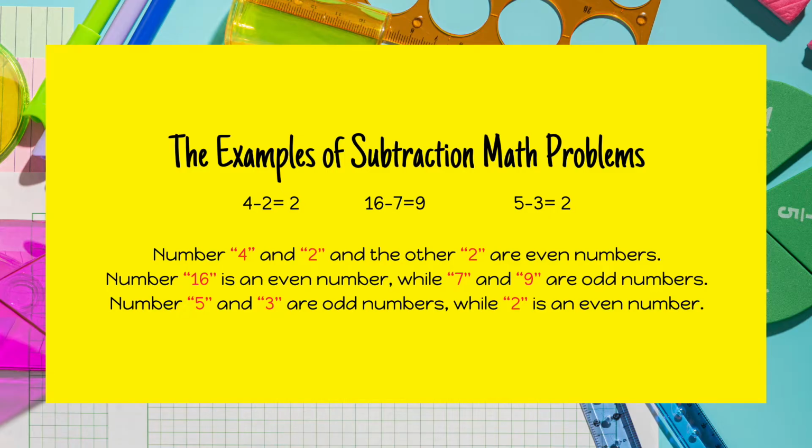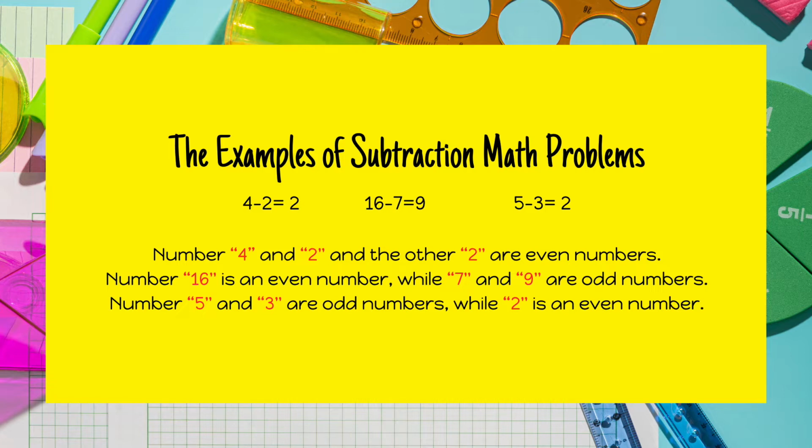Let's look at the next example. The next example we have is 16 minus 7 equals 9. So we know that 16 is an even number, 7 is an odd number, and so is 9. So the pattern we're looking at is an even number minus an odd number, which equals an odd number.